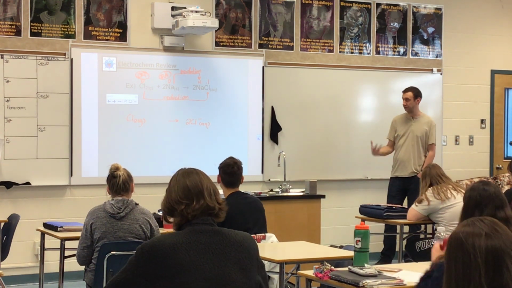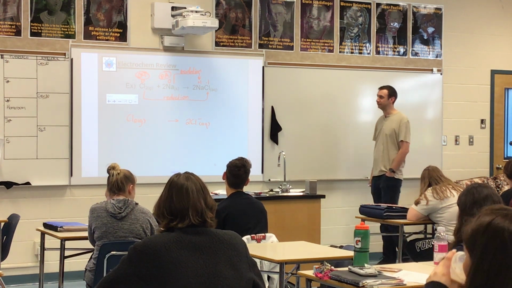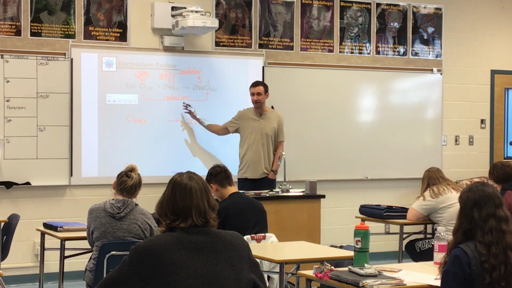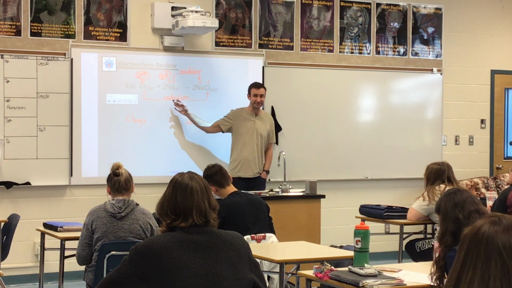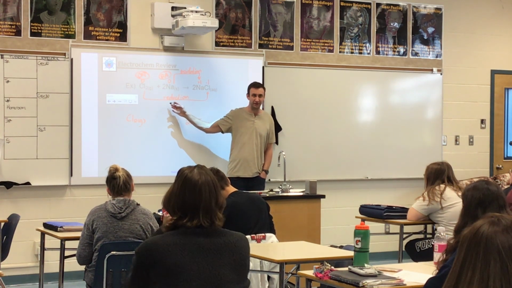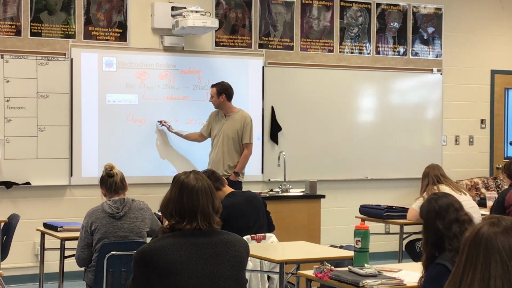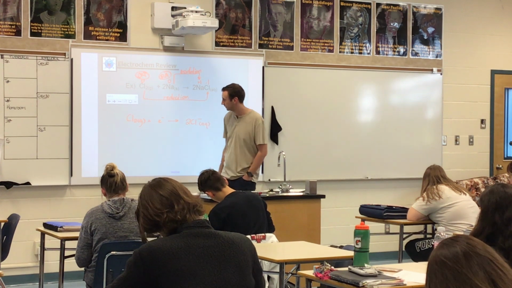I know that it's reduction, because I already labeled it as reduction. So that means I'm going to have electrons as a reactant. Do you notice how they both start with Re? Reduction, electrons are a reactant. So I'm going to have electrons on this side. How many electrons do I need to make this work?